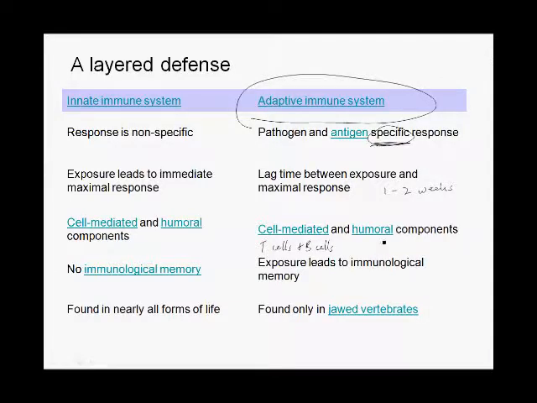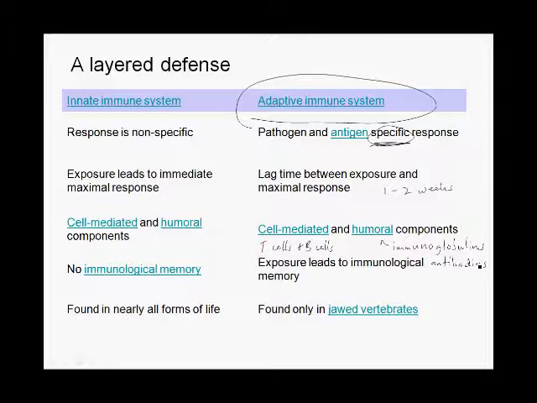And the humoral components, again, the soluble factors, and these are proteins, sometimes called immunoglobulins, but you probably are more familiar with the term antibodies. These are soluble proteins circulating in the body.